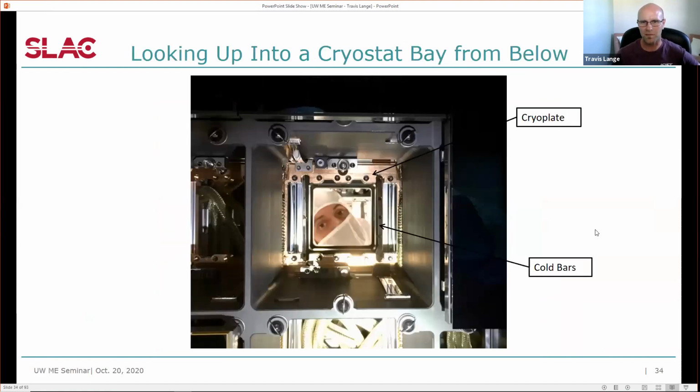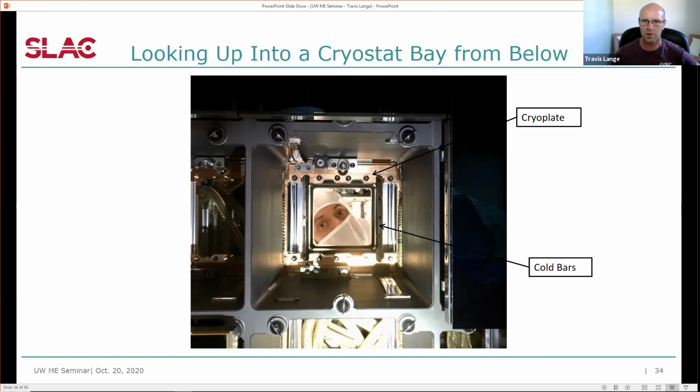This is just looking up through the bay, so you can kind of see what the Raft tower module sees as it goes up through the cryostat. There's a lot of features that I'm not going to talk about in here, but essentially some of those, that aperture that I mentioned that the Raft tower module has to pass through. A lot of hangups. These little cold heater wires that are on the sides here.